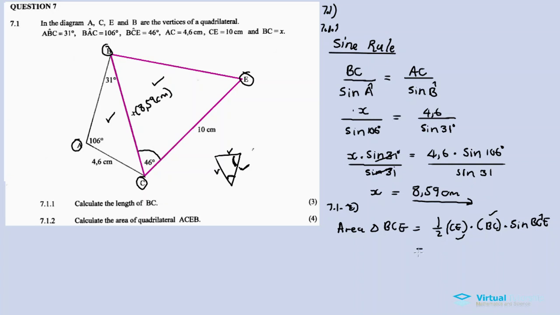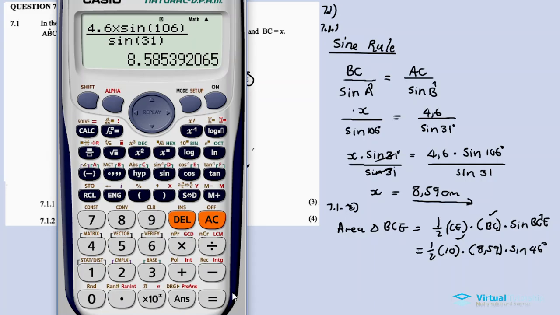Therefore, let's calculate the area of the first one, which is half times CE, which is 10, times BC, which is 8.59, times sine 46 degrees. Let's calculate: 0.5 times 10 times 8.59 times sine 46 degrees.